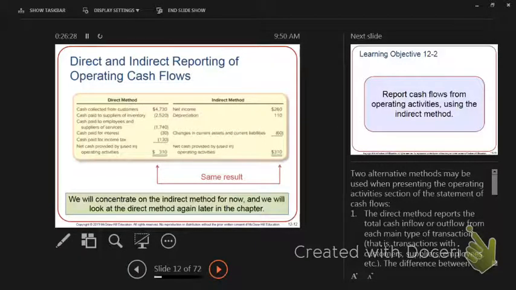All right? The indirect method, you start with net income. And if you looked at all, which most of you probably didn't, but when you did the trial balance, if you looked at all at the statement of cash flows, it started with net income, which is the indirect method. Because investors want to know, okay, on the income statement, how much of that net income did you actually collect in cash?